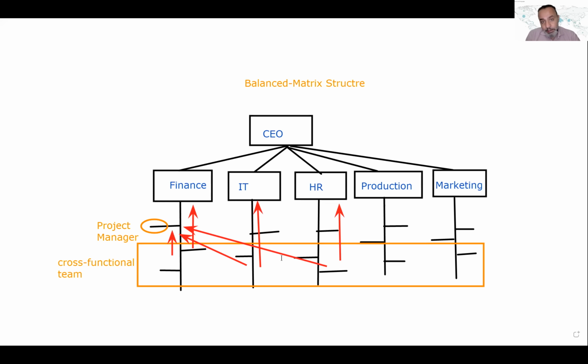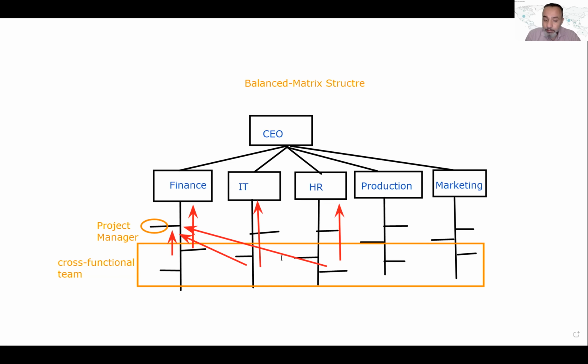The project manager here might be reporting directly to the CEO in this situation, or according to the size of the company. But again, the project manager here does not report to functional managers. Okay, they report to a higher level, because now the functional managers and the project manager have almost the same level of power. Okay, now this is a better situation, right?